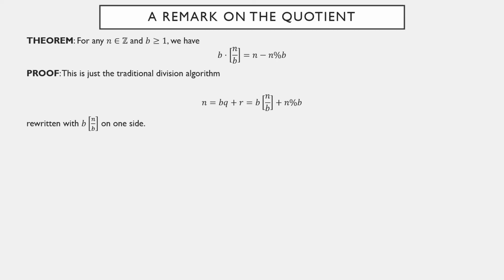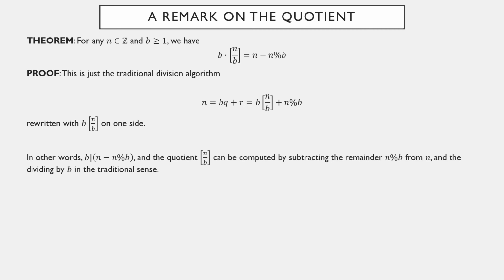And then I just move some terms around, okay, to get the b times the quotient on one side. So what this says is that b has to be a factor of n minus the remainder term. Up here we have b times q is equal to n minus r. b times this quotient is equal to n minus the remainder. So b is a factor of n minus the remainder.